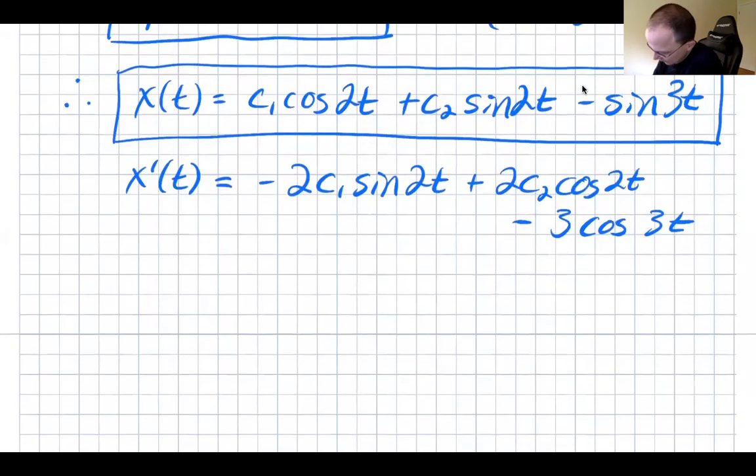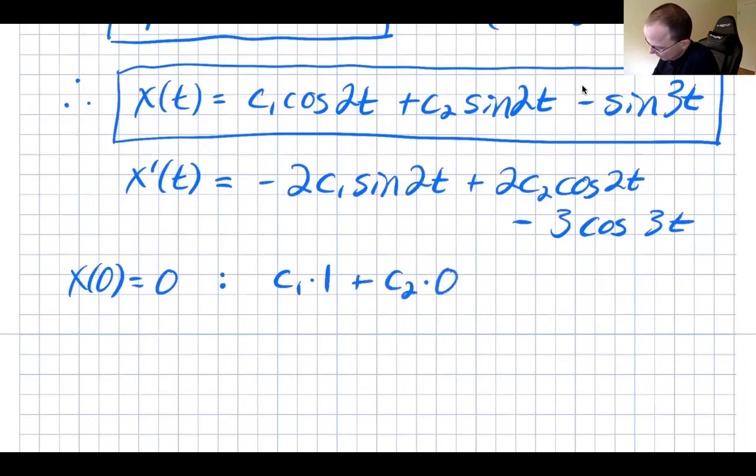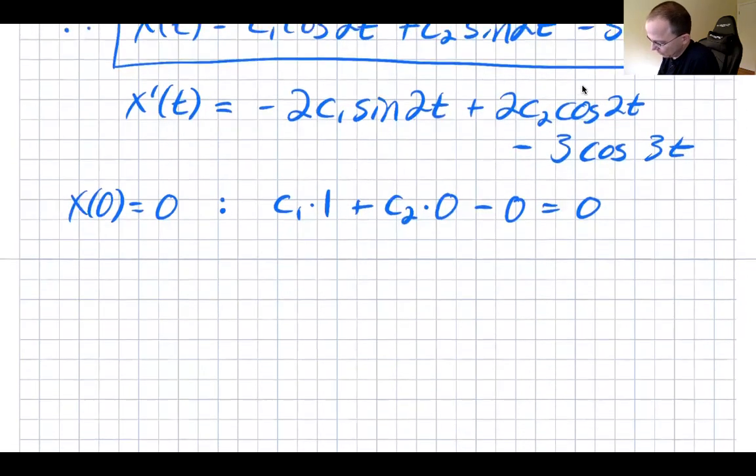Okay, so let's start with x of 0 equals 0, and what do we get? This will be c1 times cos of 0, which is 1, plus c2 times sine of 0, which is 0, and then minus sine of 0, which is 0, and that equals 0. So that tells us that c1 is 0.